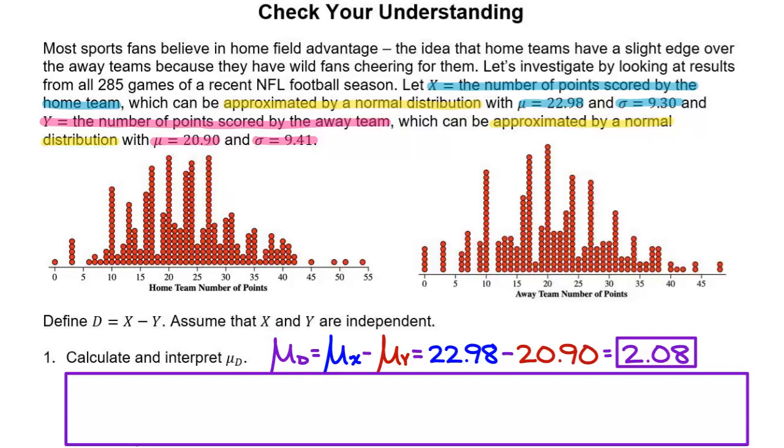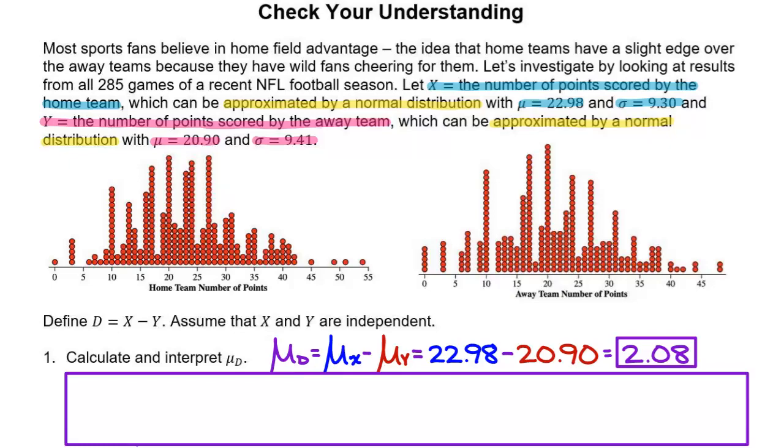What does that 2.08 mean? How would we interpret that? A mean is also an average. Short-term average or long-term average? Long-term average. So after many games, after many football games, if I'm looking at X minus Y, what does that mean?